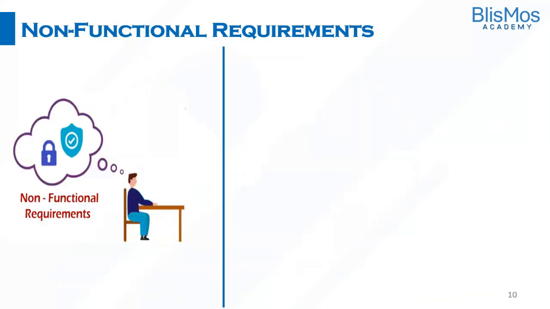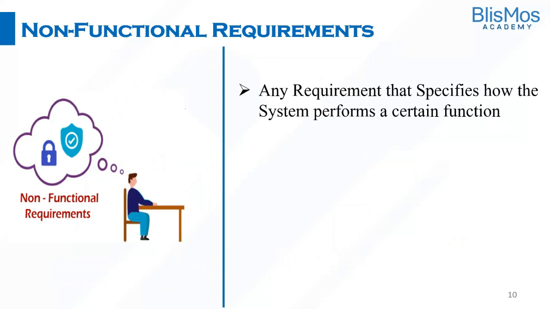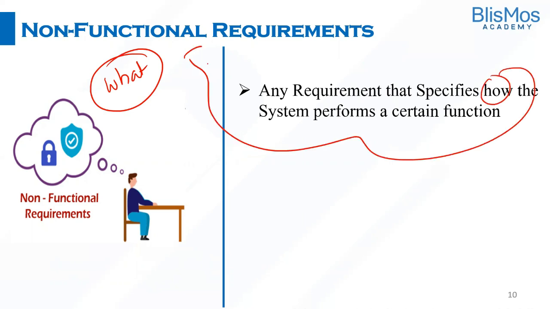Then what exactly is a non-functional requirement? We understood functional requirements are very much necessary for the functionality of an application. On the other hand, non-functional requirement specify how the system should perform a certain function. Functional requirements would tell you what functionality, and how it should be performed can be specified as a part of the non-functional requirements.